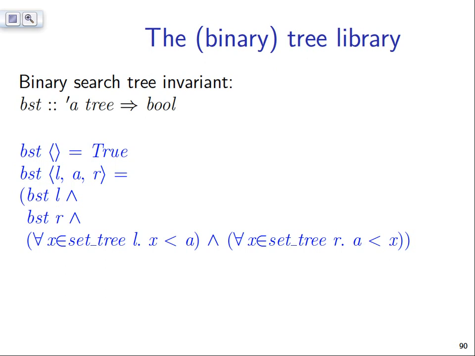Now, here's something interesting. Where does this less than come from? Why are we allowed to compare the elements of the tree for less than? Well, strictly speaking, we aren't, and there's something missing here, which I haven't shown. So this function doesn't work on arbitrary trees.